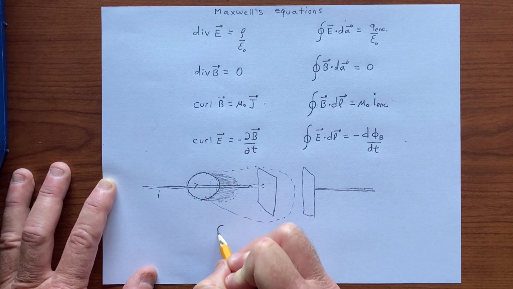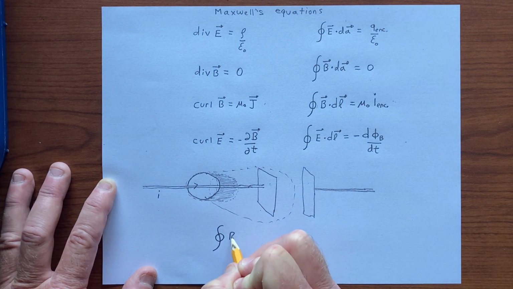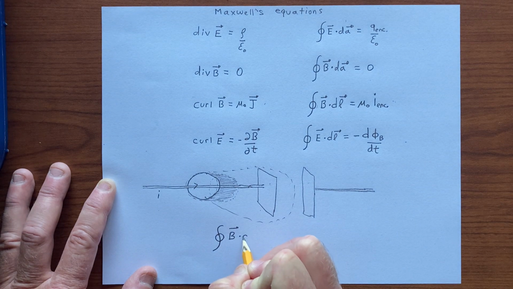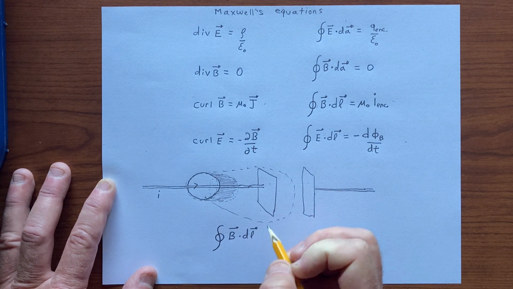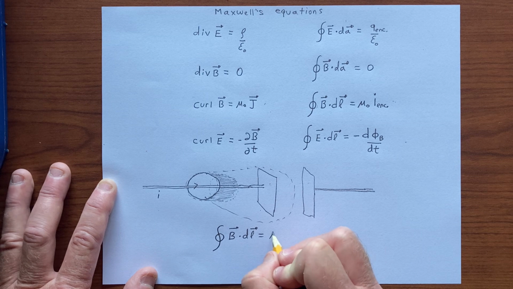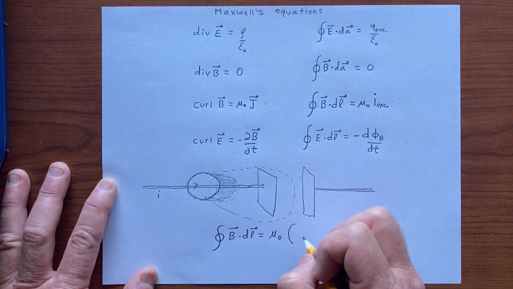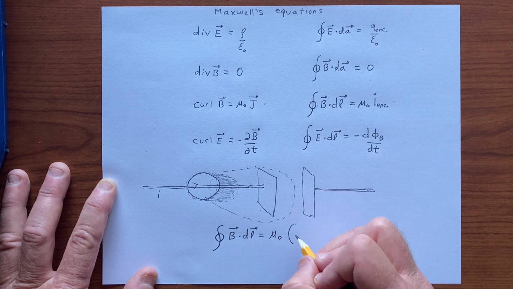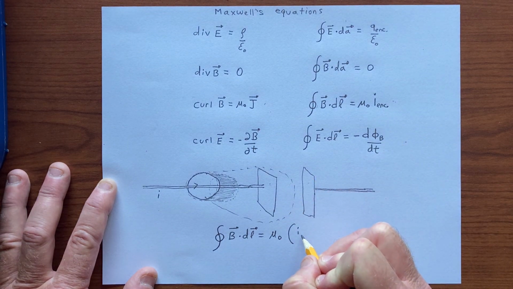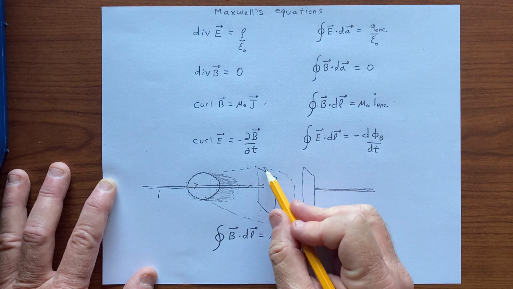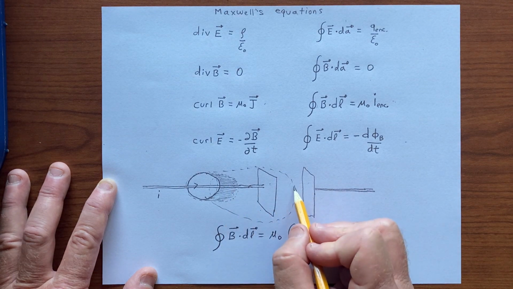And so we generalize Ampere's law to B dot dl equals mu naught times two terms that involve current. The one that we normally call I enclosed is really I conduction. And then there's current.